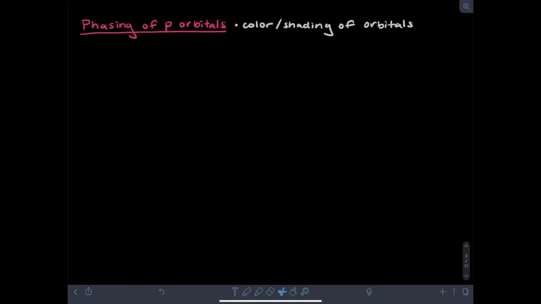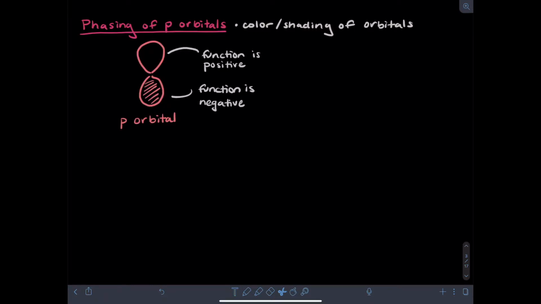The phasing of p orbitals, or essentially when I draw them, their color or shading, is a common misconception. So here I've drawn a p orbital, and rather than using 2 different colors for the different lobes, I'm using an unshaded lobe on top and a shaded lobe on the bottom. So this color or shading is just a mathematical construct.